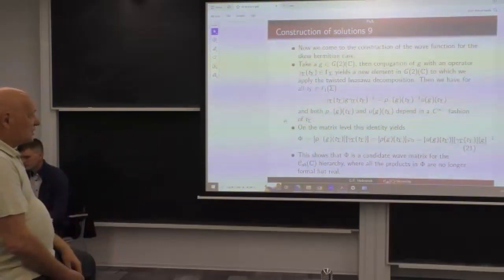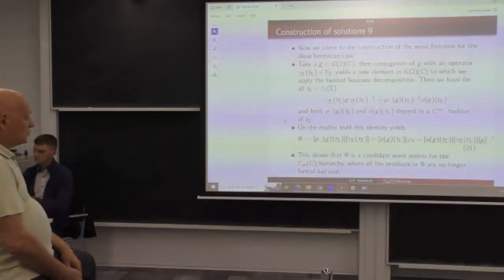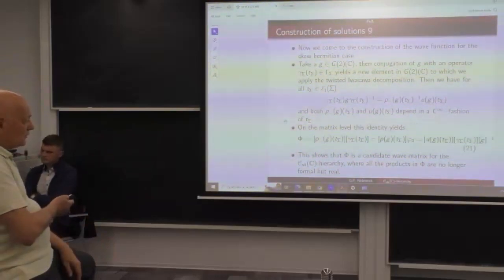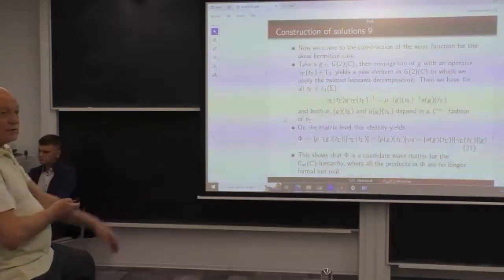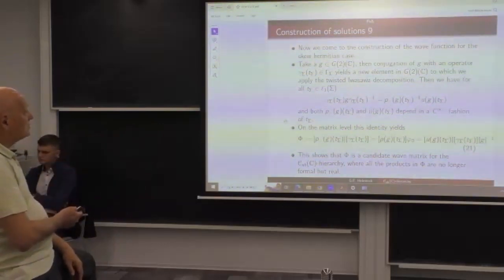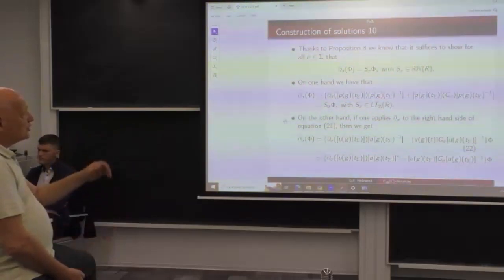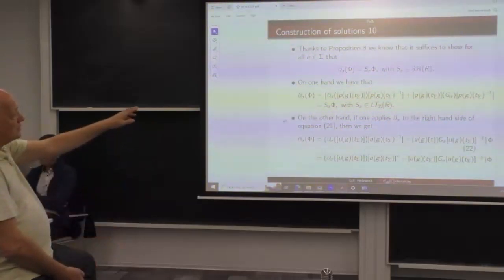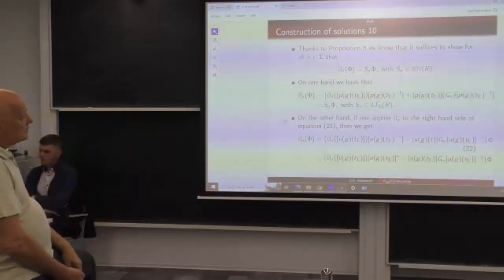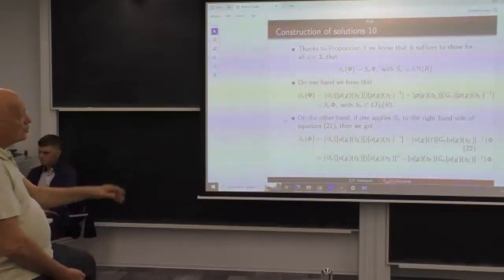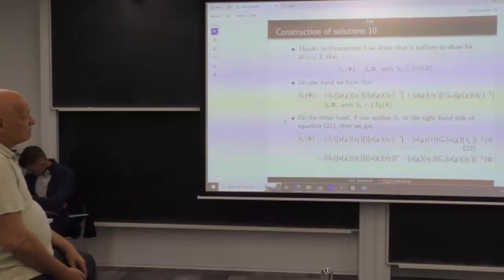So phi is a candidate wave matrix for the hierarchy, and all the products are well defined. Now, thanks to this proposition, I only have to show that if I let partial sigma act on phi, it is equal to a skew hermitian operator.